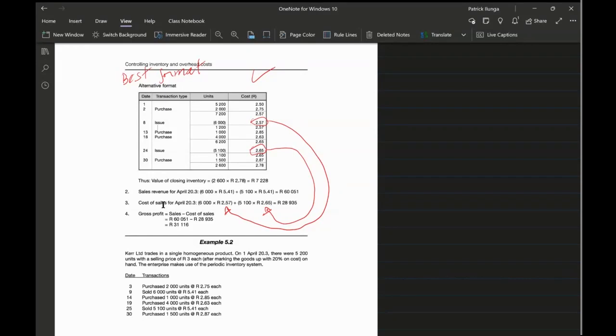They will always ask you to calculate the gross profit. So don't be surprised. But why are they asking me? They're asking you because you as an entrepreneur need to be able to figure out if a company is profitable. And what is the profitability? You just need to know the sales, how much money we made, but also how much money we spent, the cost of sales. That's all.